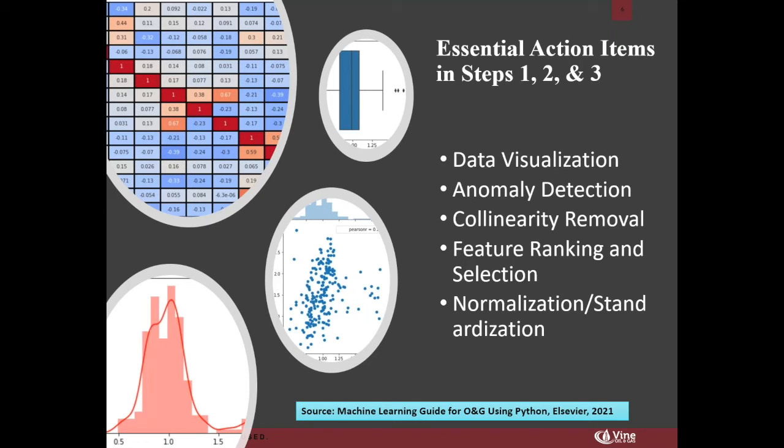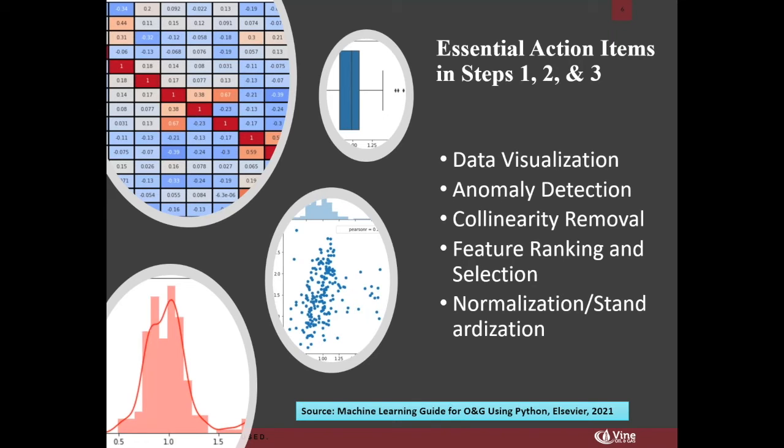Well, probably not, right? So we need to remove that or question the validity of that point prior to moving to the next step. Simple plots like distribution plots, box plots, or scatter plots using the Seaborn library can really identify a lot of these anomalous points that we could potentially remove.